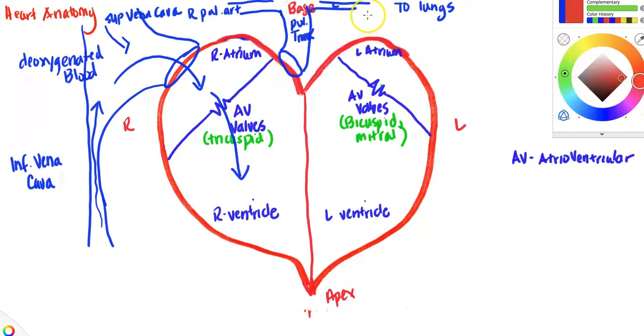the blood returns to the heart through the pulmonary veins. And these veins are carrying oxygenated blood.